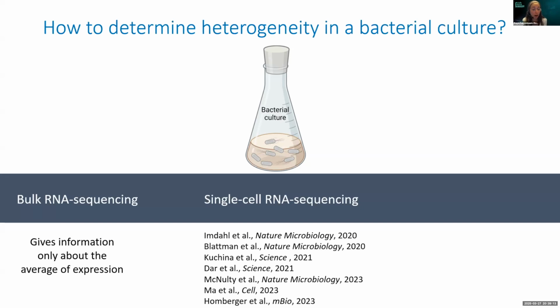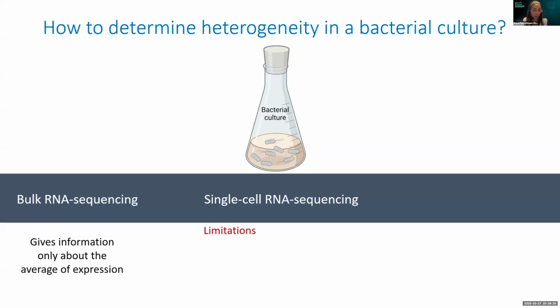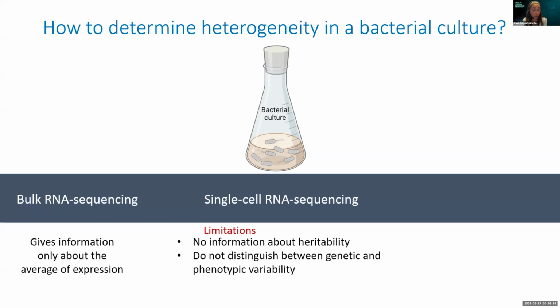These are powerful techniques to determine the heterogeneity at a specific time point, but they have several limitations. One is that they don't differentiate between heritable and transient heterogeneity. They also don't distinguish between genetic and phenotypic variability. And also, we're not able to regrow the determined subsets and to study their fitness advantage.